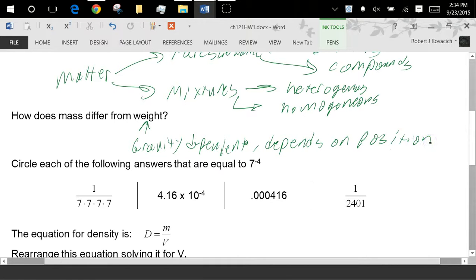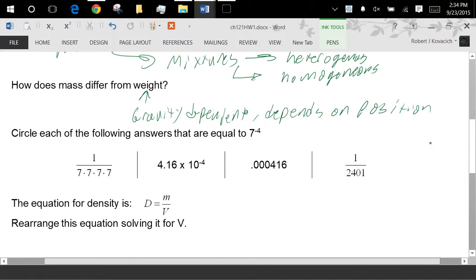The mass of something is the mass of something, and it doesn't matter where that thing is located, it's that mass. The weight is totally dependent on where that object is. If I toss you into space, you're going to have no weight, but you'll still have mass. So mass doesn't care where it actually is located.